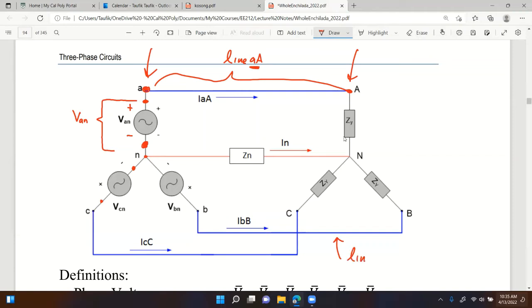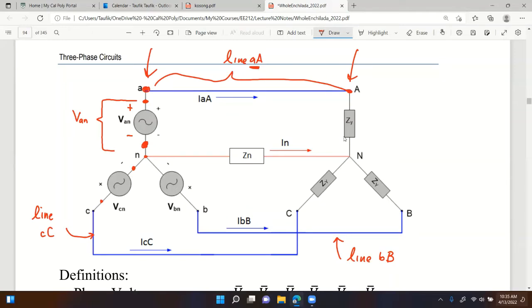That's called line B, lowercase b, capital B. And then another line, C, lowercase, uppercase C. So I have three lines in here.